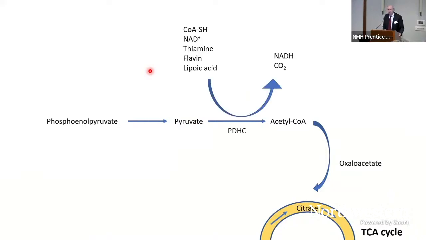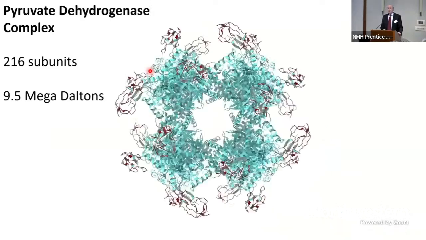The next step is catalyzed by the pyruvate dehydrogenase complex. It's a complicated enzyme, but basically it does a decarboxylation and you generate acetyl-CoA. It's a huge complex with 216 subunits, 9.5 megadaltons. I mean, this is a big guy.